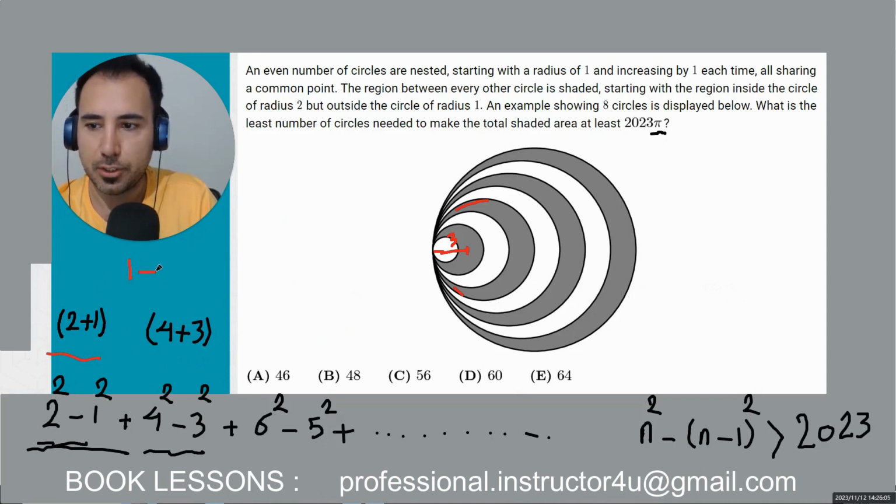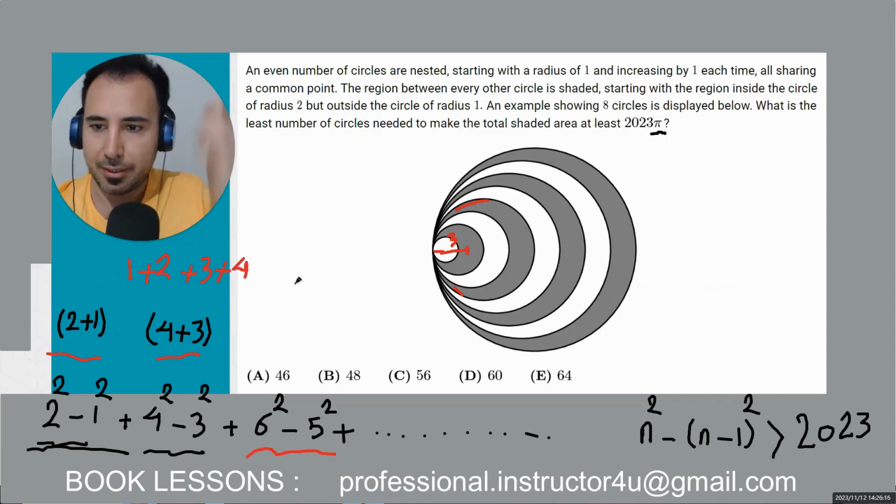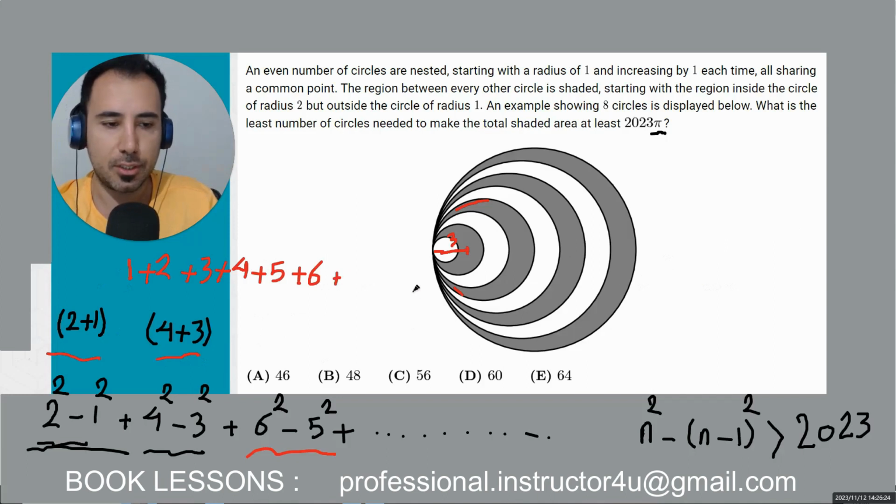This will be 1 plus 2, plus 3 plus 4. So the difference of these two will be 11, which is equal to 5 plus 6. Okay, and this will continue all the way. So it will be n minus 1 plus n with the same reasoning.